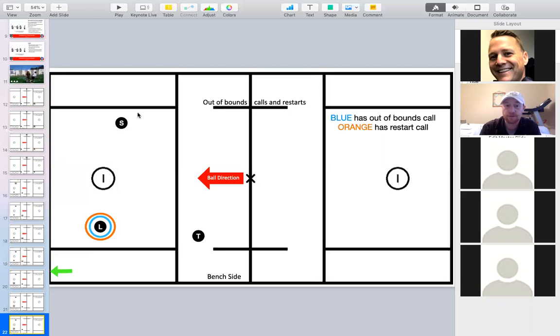The single's restart or out of bounds responsibility is this entire inline and within the alley. The lead's responsibility is the entire inline and restarting on the inline, unless he communicates with his partners and says for something in the alley to be restarted by one of the other officials because they're in a better position to restart, or it takes the lead out of position.